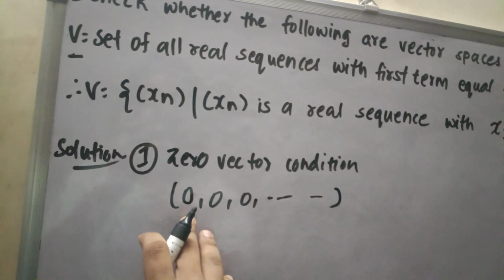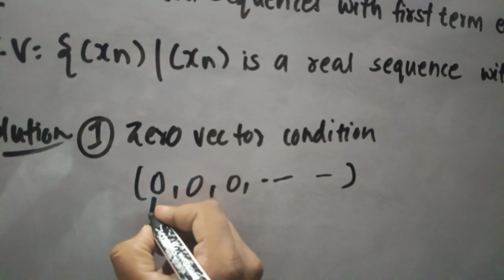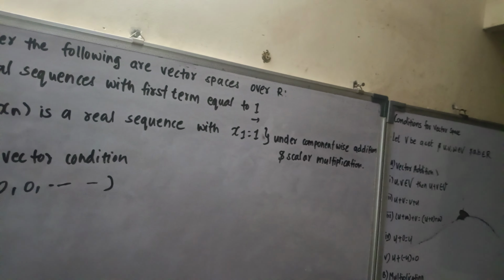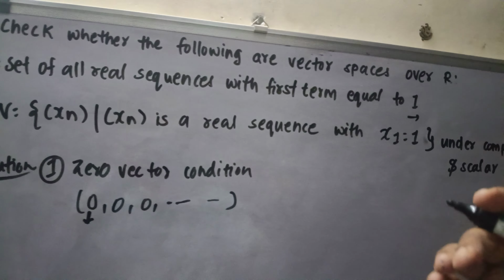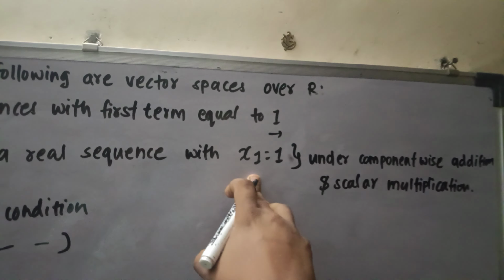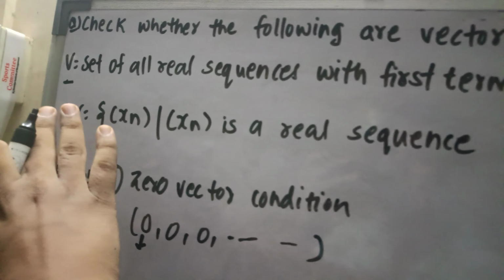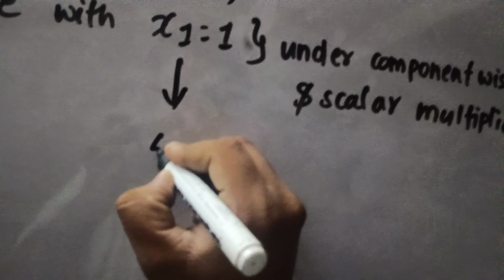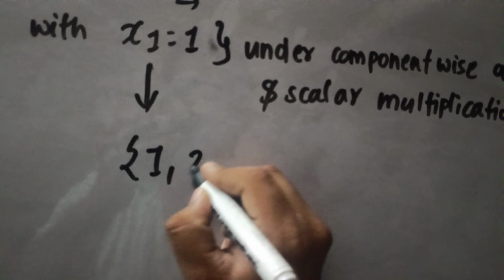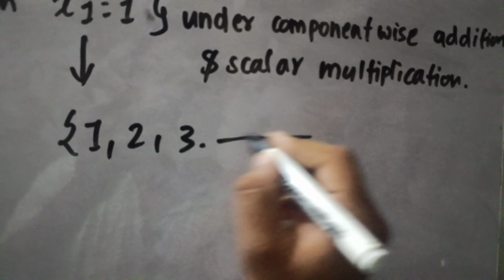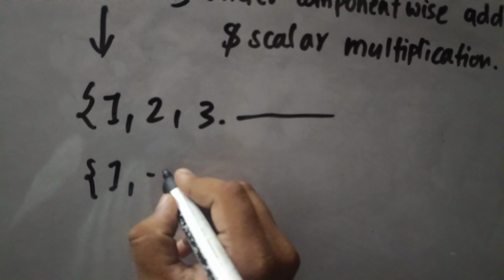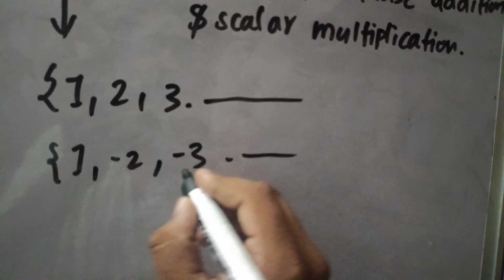Now since this has first element as 0 and we have been given that our set contains sequences with first element as 1, for example, 1, 2, 3 and so on, or 1, minus 2, minus 3 and so on.